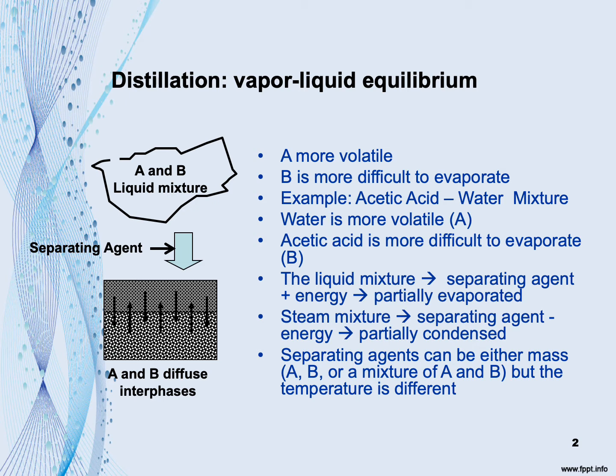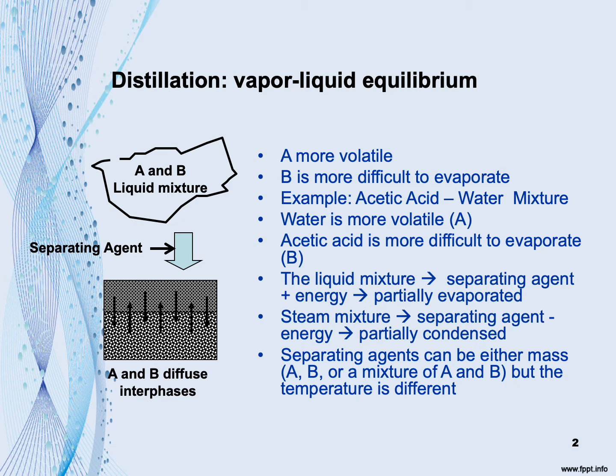Let's say we have a liquid mixture A and B. A is more volatile, while B is more difficult to evaporate. Let's say acetic acid and water mixture, where A is more volatile and acetic acid is more difficult to evaporate. So how to separate A and B? We have to add a separating agent.